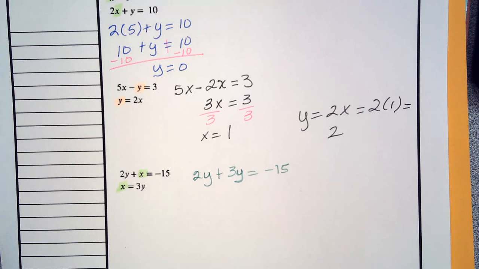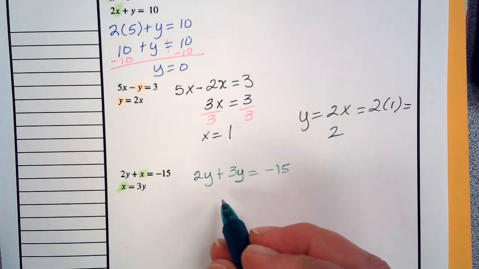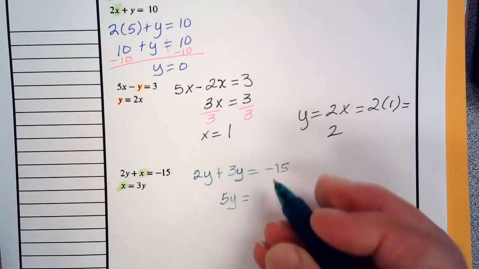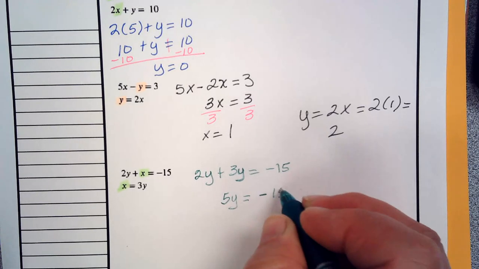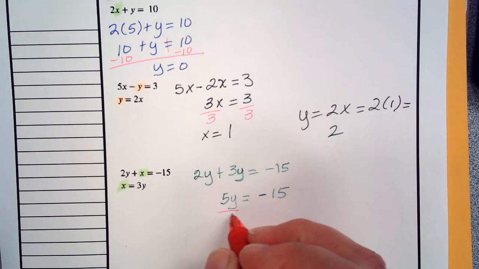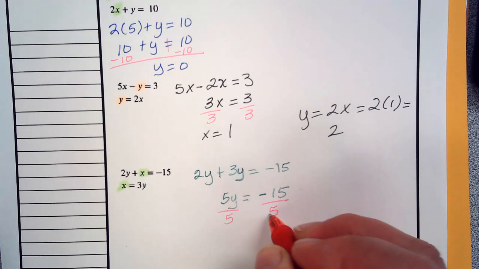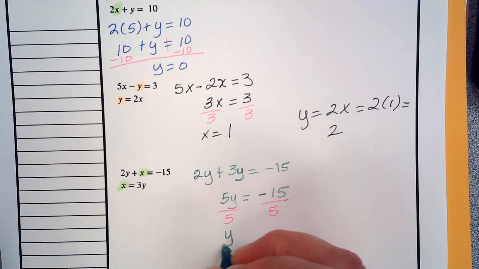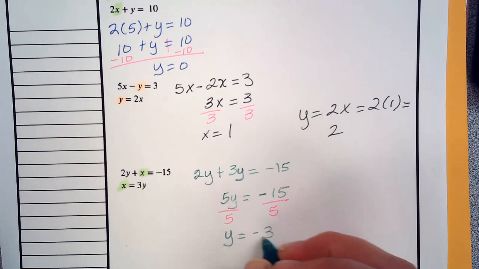Okay? Now I can combine like terms. 2y plus 3y is 5y is equal to negative 15. Divide both sides by 5. And y is equal to negative 3.